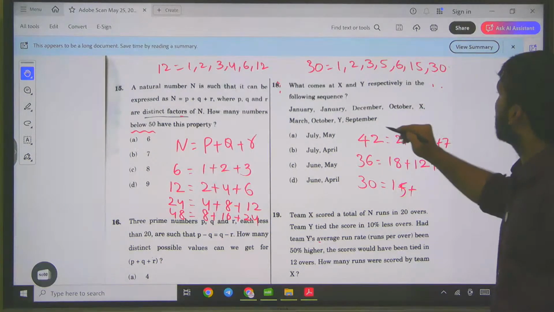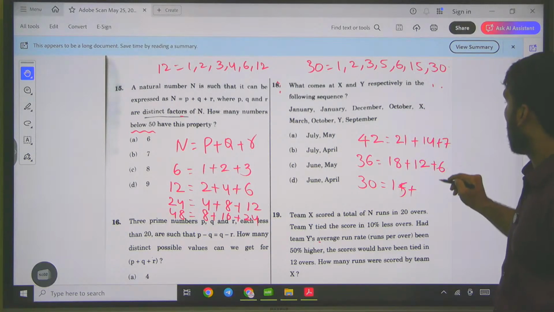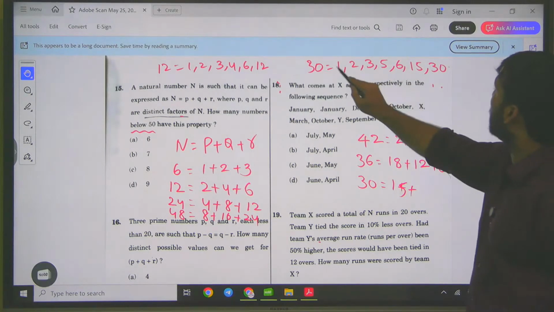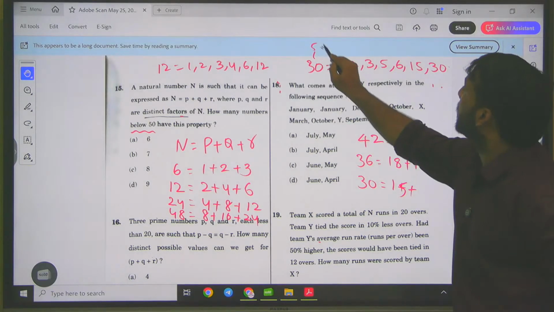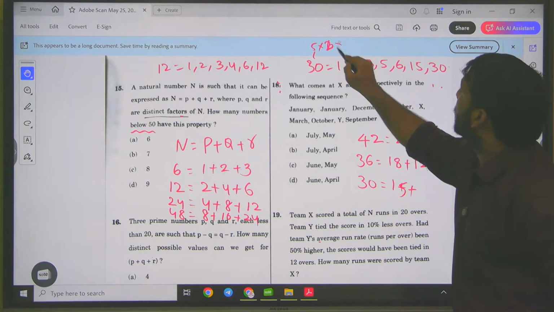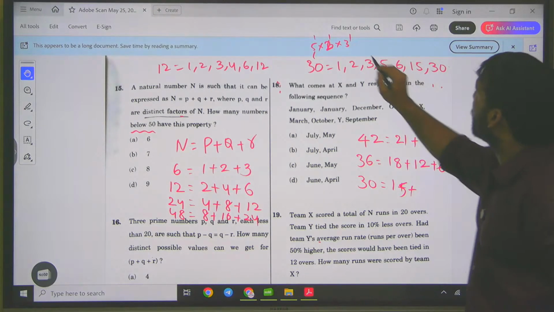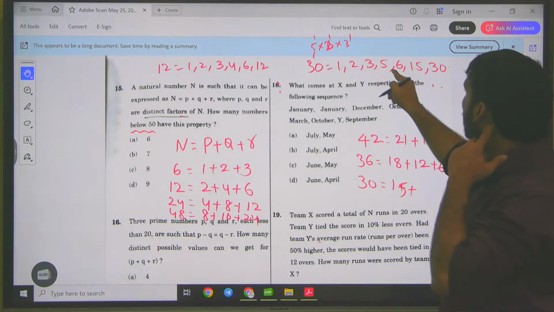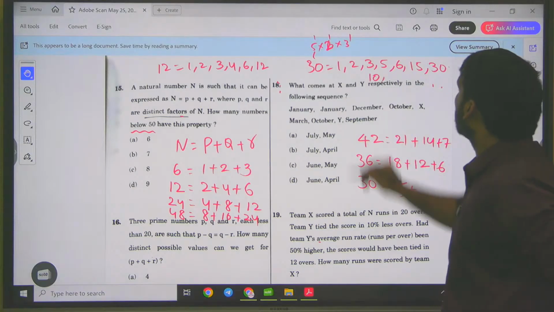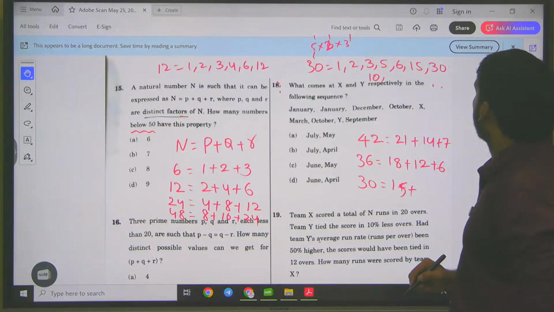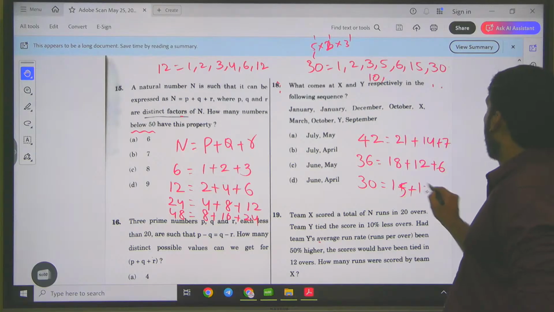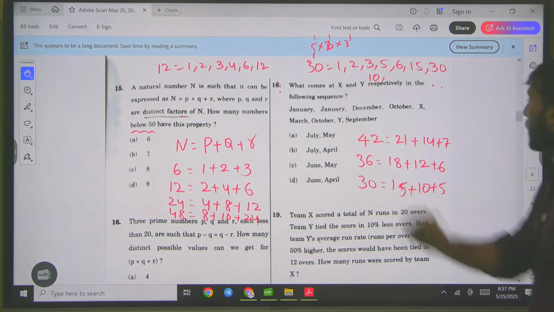I should get 30, which is 5 into 6, 2 into 3, so I should get 8 factors. Some more factors are missing: 1, 2, 3, 5, 6, 10. 10 is missing. 10 plus 5, total 15.